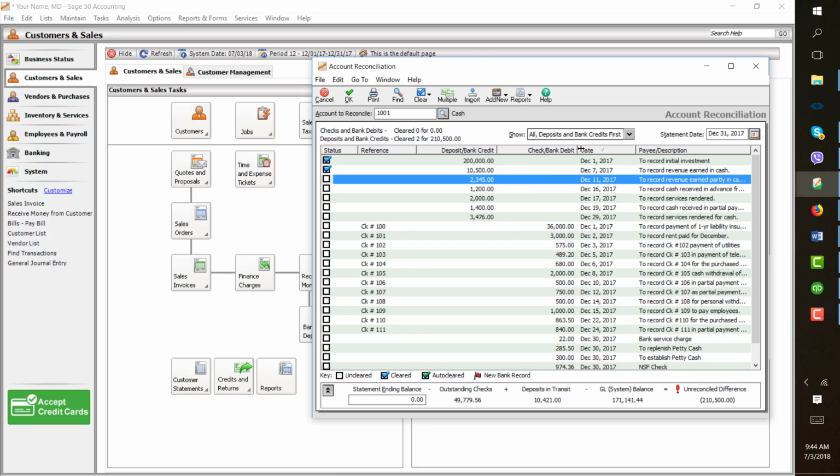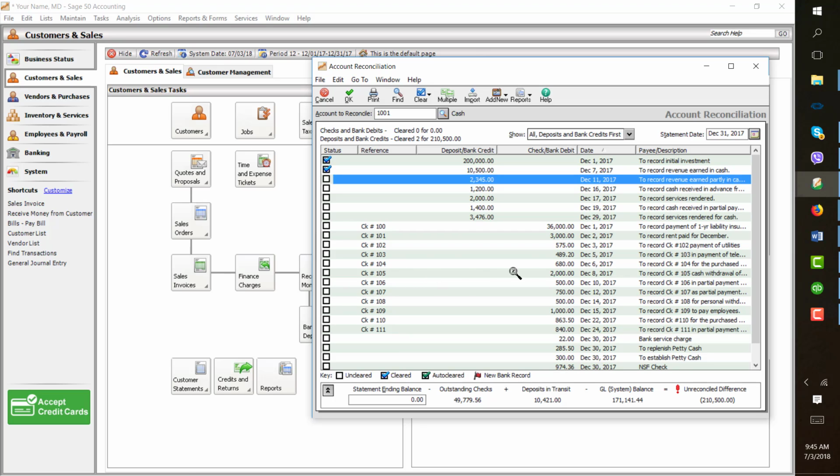You will also mark the box under the status column of all the checks found in the bank statement as you see them under the check / bank debit of your general ledger. Note and observe that the bank statement arranges the checks in numerical order and shows the dates of those checks when they cleared the bank.